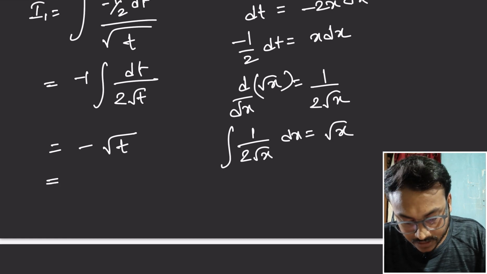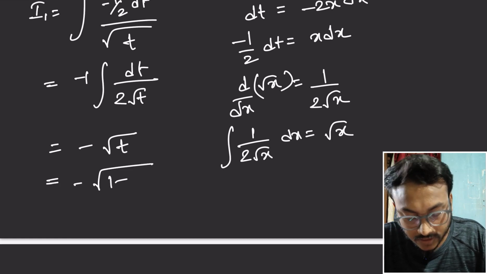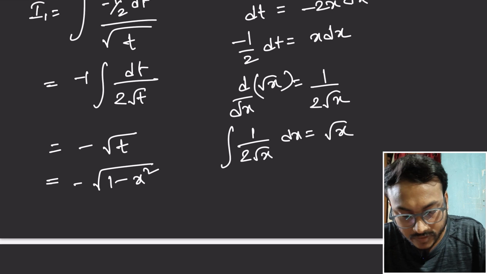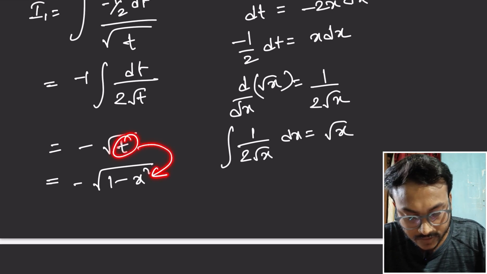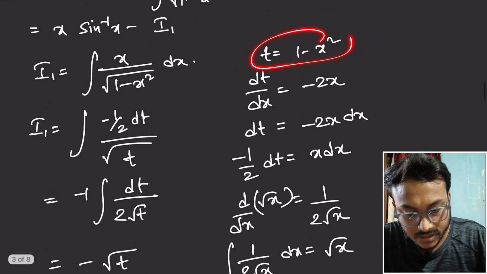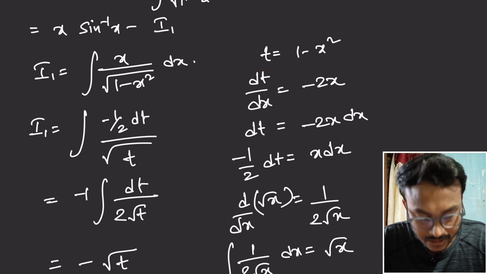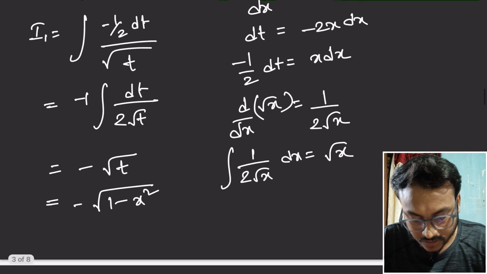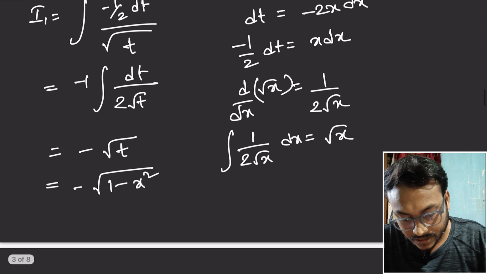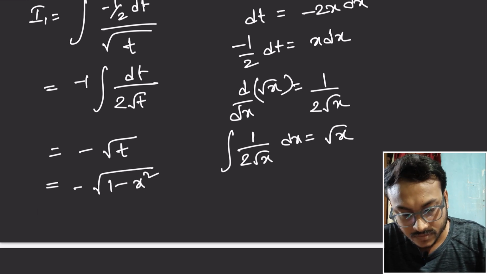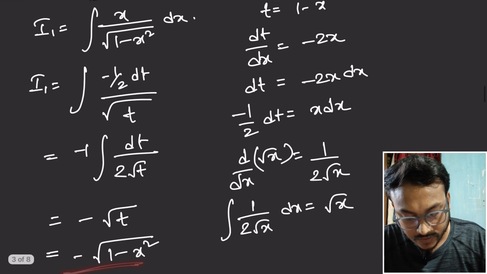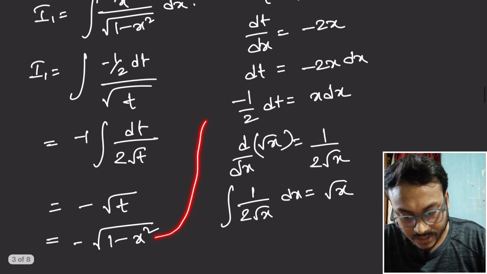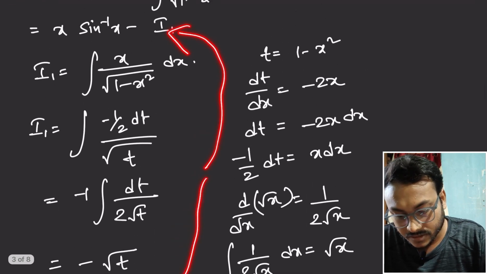Okay, and what is t? t is 1 minus x square. So we will simply put in place of t 1 minus x square. सो टी की जगह 1 माइनस एक्स स्क्वायर पुट कर दिया. So this is I1. Okay, so we will put this I1 in place of I.